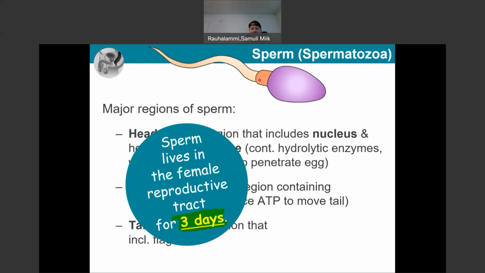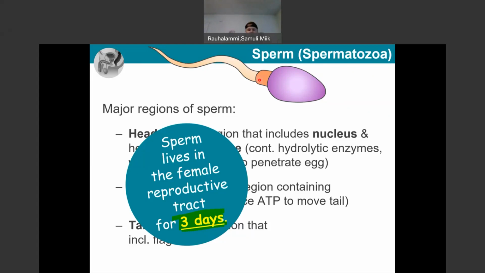Sperm lives outside the male body within the female reproductive tract for about 3 days. And these timelines are going to be important when we talk about the delay between the moment when fertilization happens and when the fertilized egg cell then implants into the female uterus.